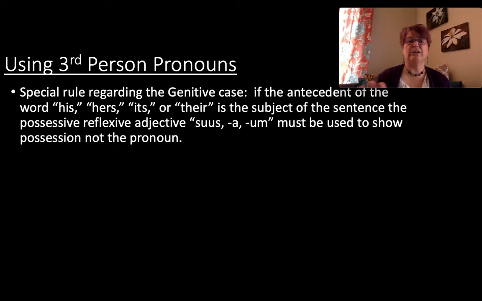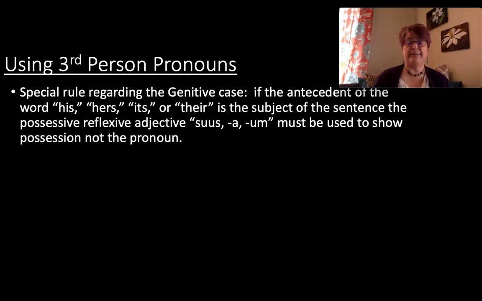Unfortunately, things aren't so easy with the genitive case. There is a special circumstance that occurs when the antecedent of the possessive, his, hers, its, or their, is the subject of the sentence.